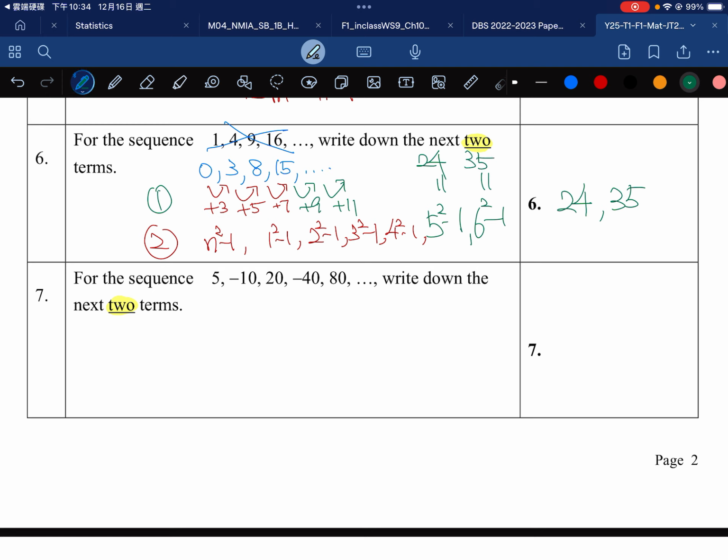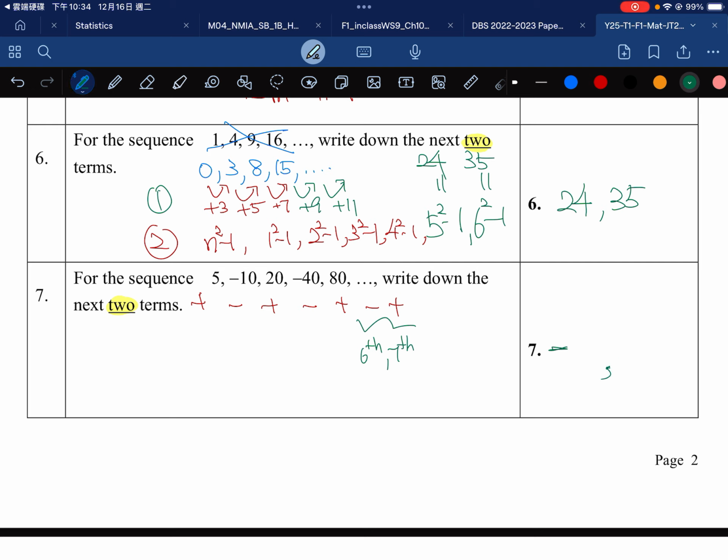There are 2 ways to approach or solve these questions. And then for question 7, it's so obvious. We have positive, negative, positive, negative, positive, negative, and positive. So the 6th and 7th will be negative and positive.